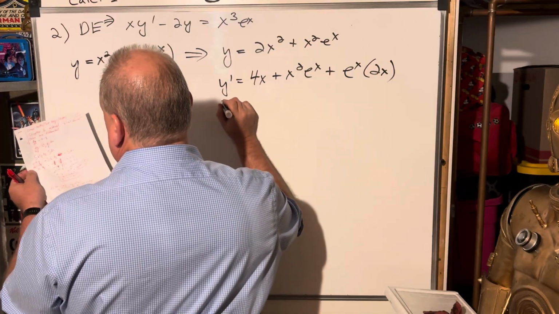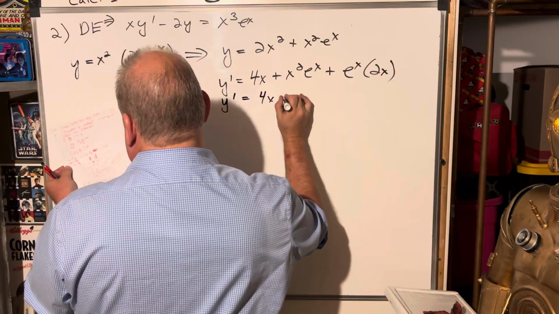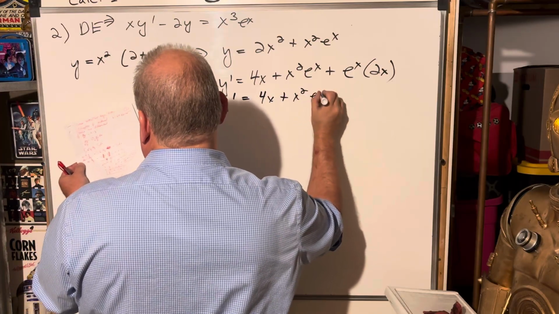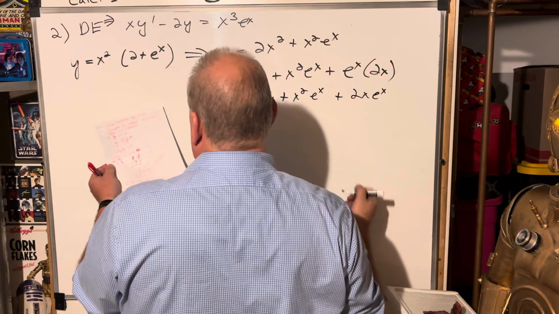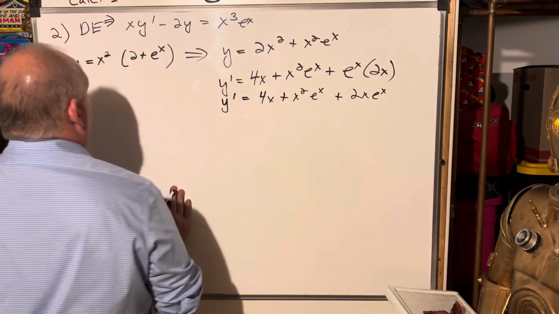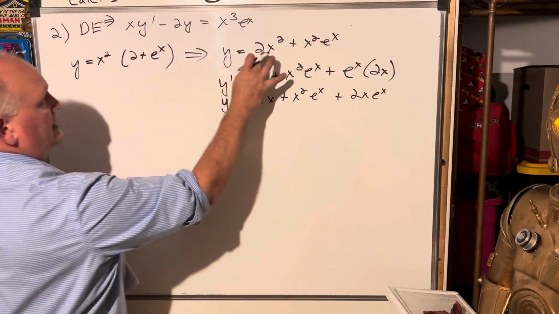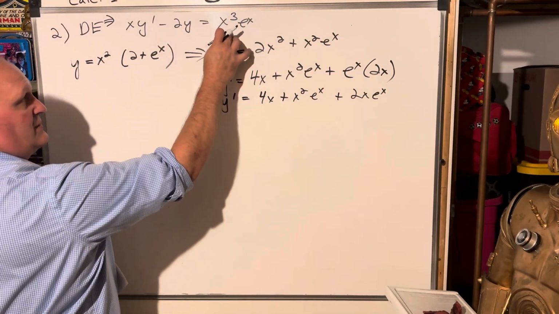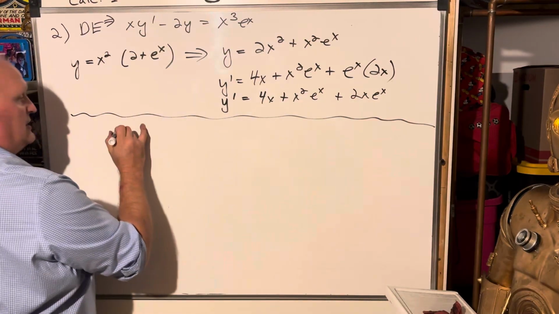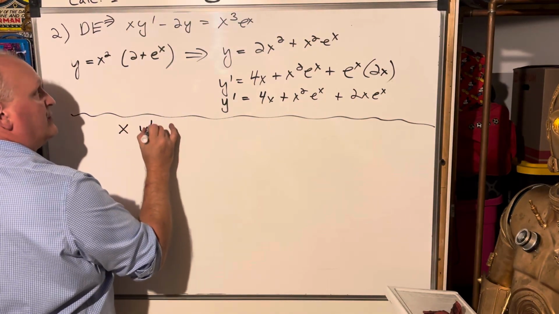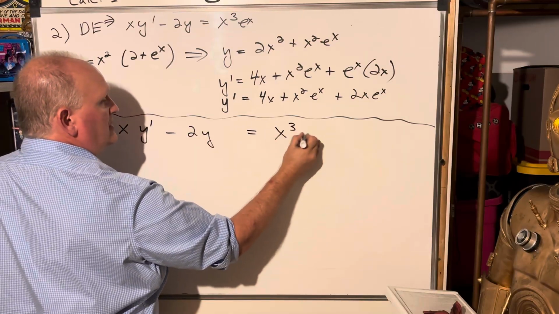All right, so what is our y prime? Let's clean that up a little bit. So 4x plus x squared e to the x plus 2x e to the x. So now let's sub in this there and this there and see if it comes out to be that. That's kind of the big reveal. So x y prime minus 2y equals x^3 e^x.